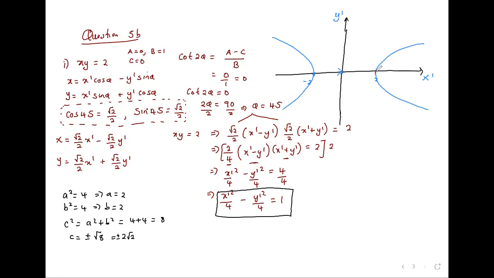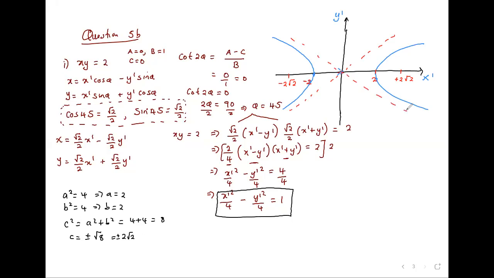This is 2, I can sit there, and then negative 2. Then the foci, that is c. So we have 2 root 2, and we have negative 2 root 2. Then the asymptotes: these guys are going to pass through this, and also here.